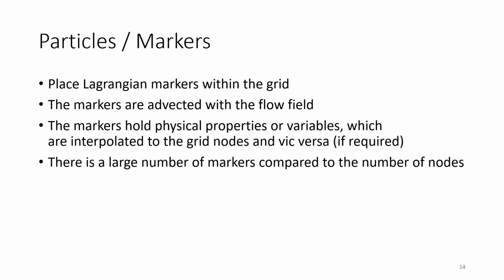The whole idea is that you have many more markers than Eulerian nodes. You're not doing any calculations on the markers. The markers are just flowing with your flow field, so they take over the advective part. And through the interpolation of the markers to the grid nodes, you're solving this advective behavior.